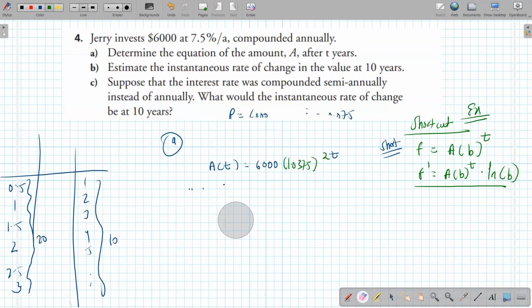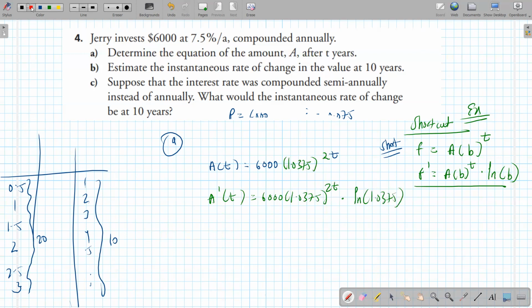Now, let's use the shortcut for this one. Not a whole lot changes. A prime of t is the exact same thing, okay, like that. What do we multiply this by? Ln of what? 1.0375. Yeah, 1.0375.